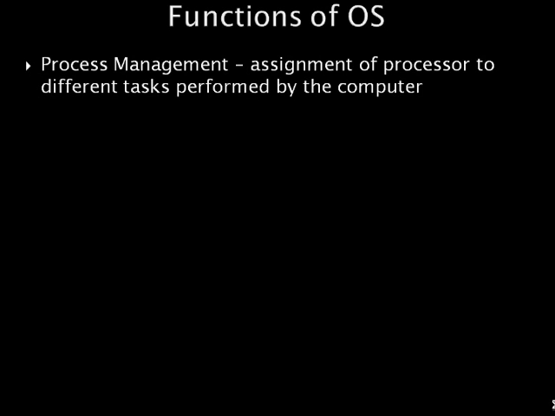It uses what is known as scheduling algorithms to decide which process should be allowed to use the CPU and for how long. When there are many programs requesting the CPU, the operating system will allocate a small amount of time to each process and cycle between processes until the process has been executed.